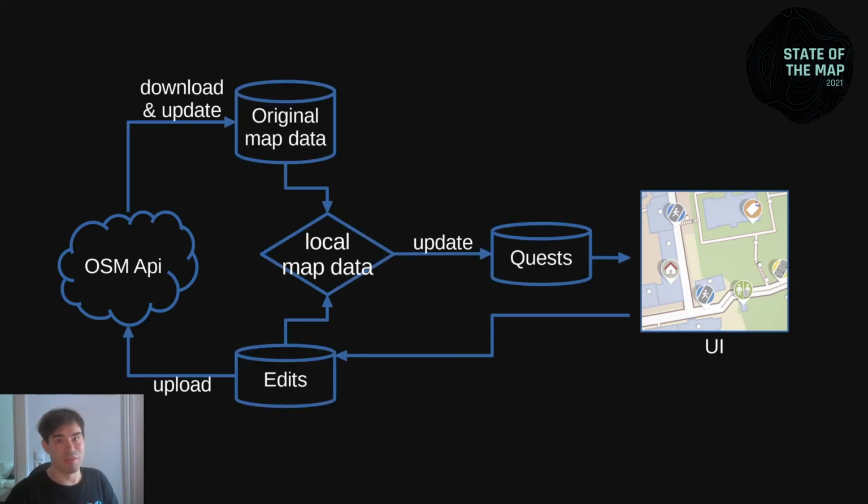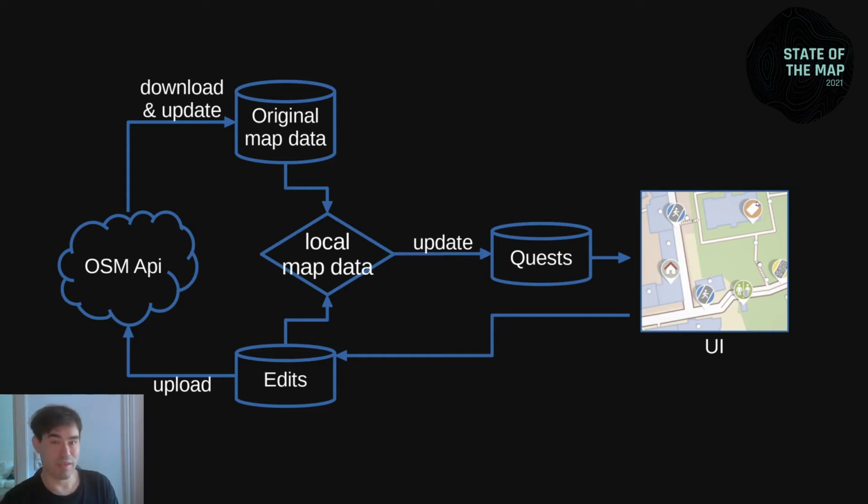Maybe we can do it a little better or a little easier, like this. So it's basically the same, but the map data object is not changed from within the app. It's only ever updated from the OpenStreetMap API, either on download or update after an upload.